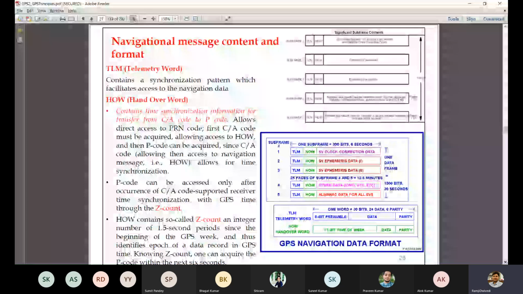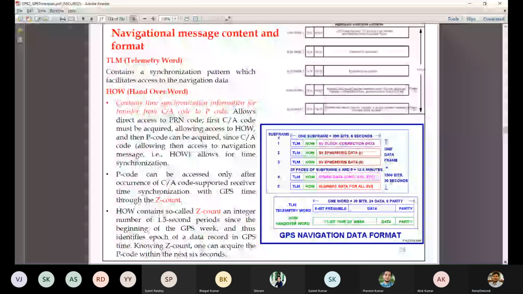So the P code can be accessed only after occurrence of the CA code, supported by receiver time synchronization with GPS time through Z count. The handover word contains the Z count, an integer number of 1.5 second periods since the beginning of the GPS week, and thus identifies the epoch of the data record in GPS time. Knowing the Z count, one can acquire the P code within the next 6 seconds.